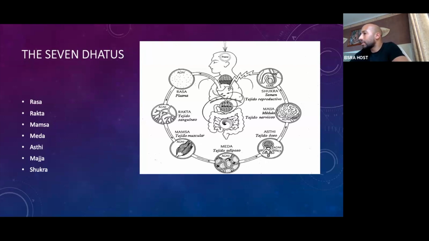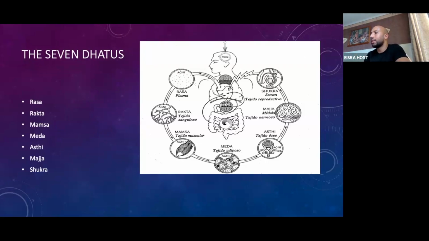But what Ayurveda gives is a story. And the story helps us to understand this process and keep it in consideration when we are making choices for our health. Ayurveda says that every component of your bodily tissues can be classified under one or multiple of these 7 tissues. And there is an order in which these tissues should be studied, like many of the things that we study in Ayurveda.